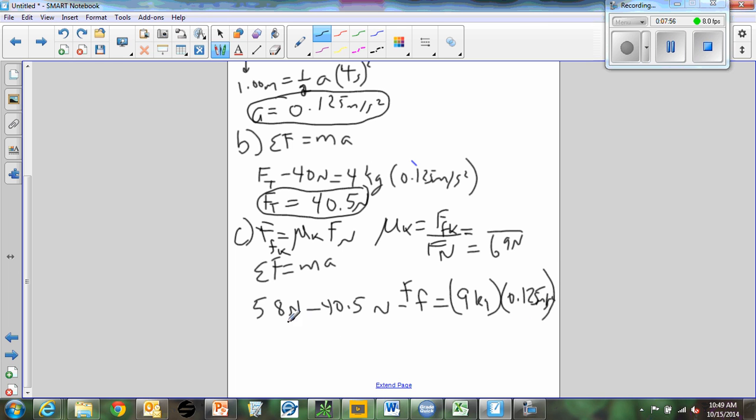When I do that, I get F of F equal to 16.4 newtons. Then you do your math, and you end up getting 0.24, I believe, is the answer to that question. And that's how you do number 54, page 119. And remember, coefficient of friction does not have units.